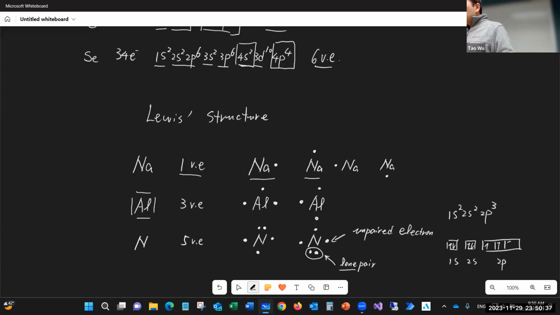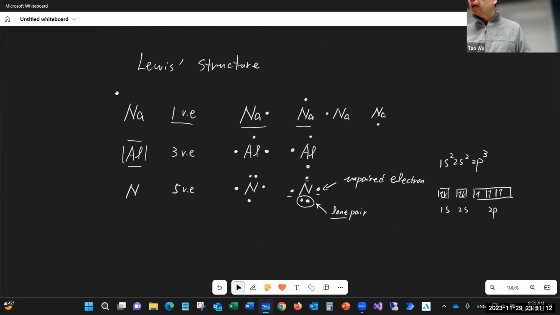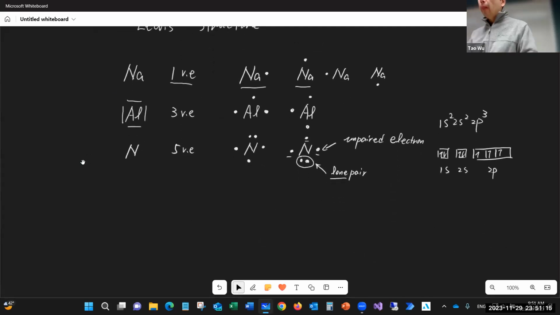You see, those 3 single dots are actually on the 2p, and the paired ones are actually the 2s. So the most reactive part is still the single electrons. Those single electrons would like to pair with other electrons to be stable. That's why they are the most active ones. The 2s electrons are already paired, so they're not going to participate in any reactions. All right, so that is the Lewis structure for single elements.